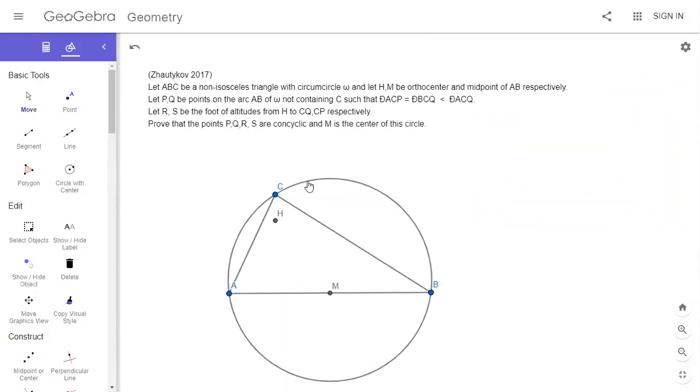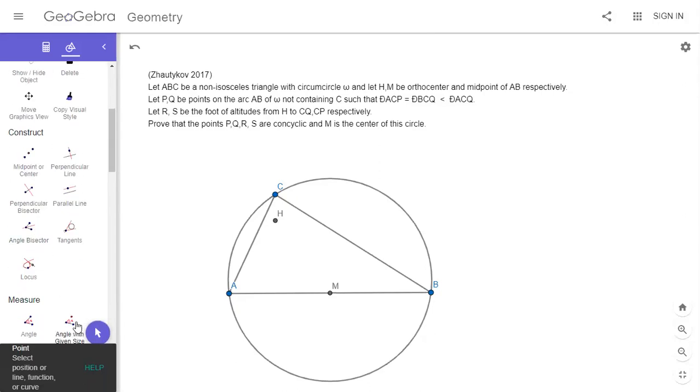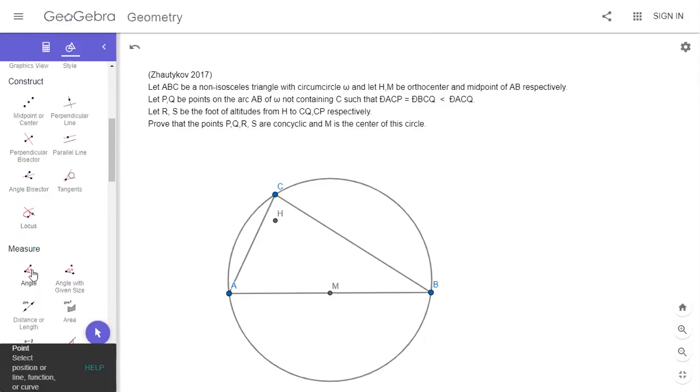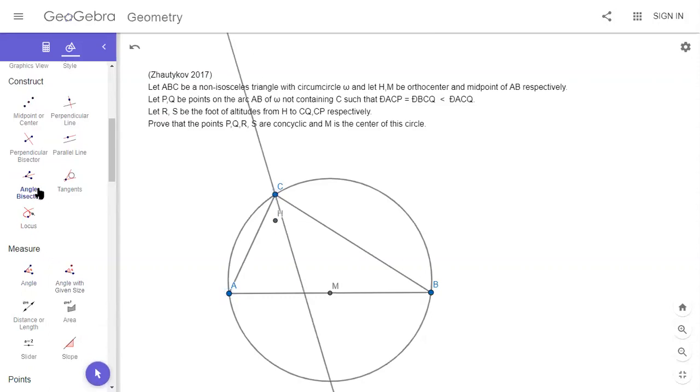P and Q are on arc AB not containing C, so this should be angle ACP is equal to angle BCQ. So here's kind of how I usually like to do that. There's my angle bisector. So basically they're isogonal, right?